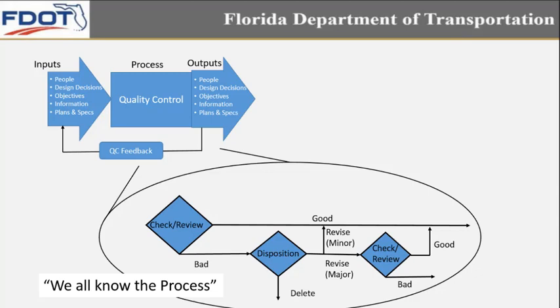There are obviously more, but you'll usually fall within those categories. You have your people, decisions, design decisions that already have been made, objectives, your project objectives, which includes things like your scope, your purpose and need, information, general information that's available to everyone about the project, and then your product as it stands at that point.